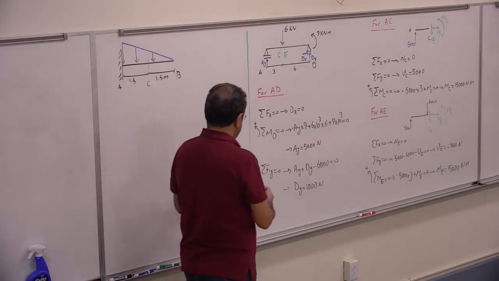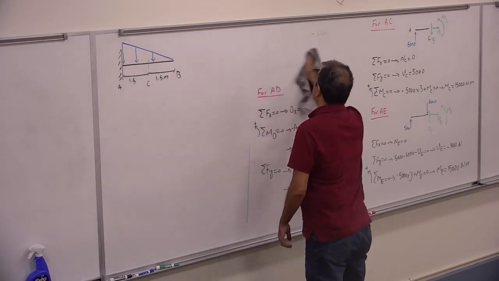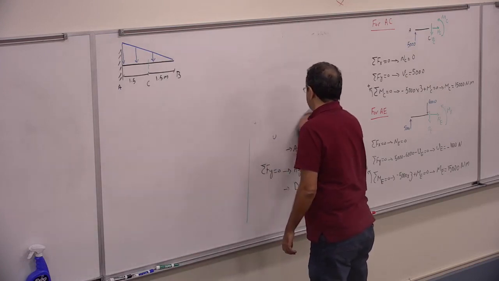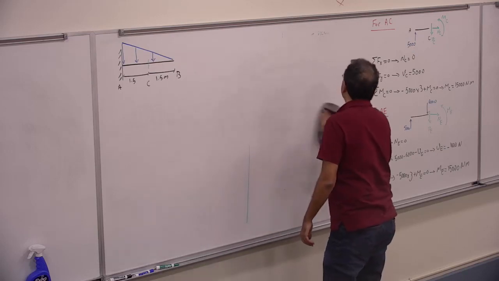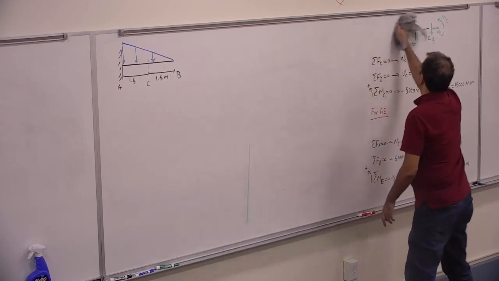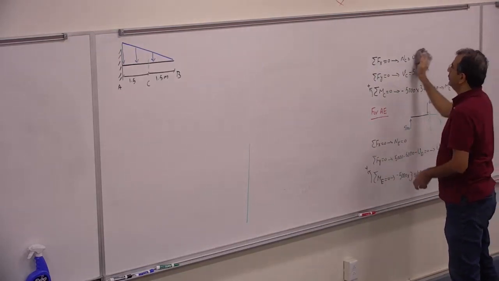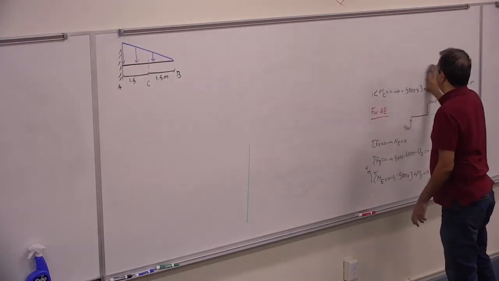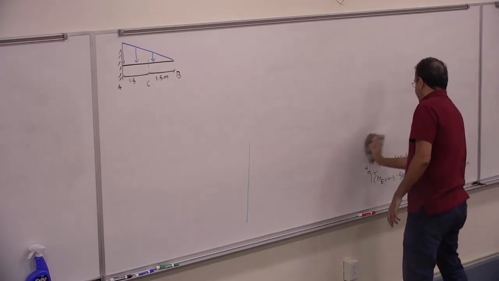So this example has two good points. One of them is how we deal with the distributed load, and the other one is how we are dealing with the supports.